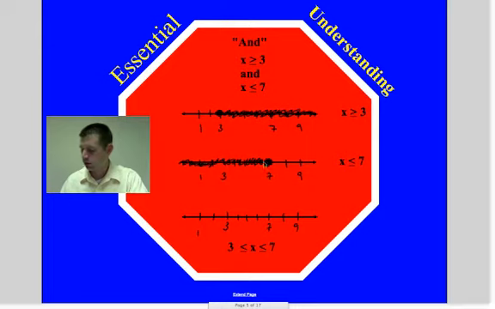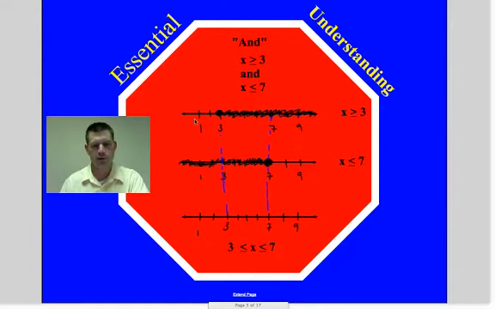Now what happens here is that we're talking about an "and" statement. So we can trace this 7 down, and we're looking for that "and" statement. Where do you get this and the other at the same time? If you look at this side, we have values here, but no values here, so there's no "and."